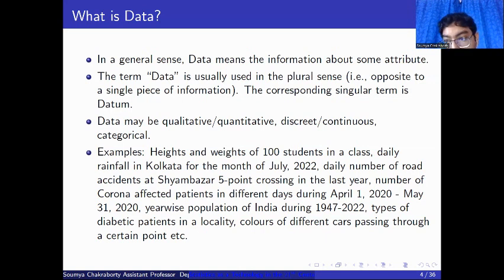But it may happen that the actual amount of rainfall is that irrational number with infinite expansion. But we will round off up to 3 or 4 decimal places according to our convenience. So this is the basic difference between discrete and continuous data sets. This slide gives a basic idea about data. The concept is much bigger or much vast, but for the timing, this is enough for data.